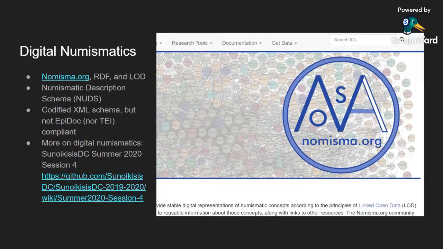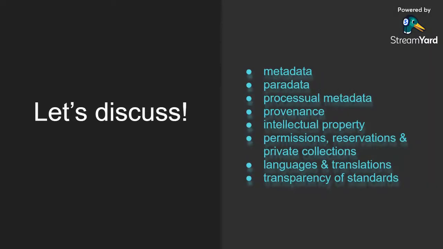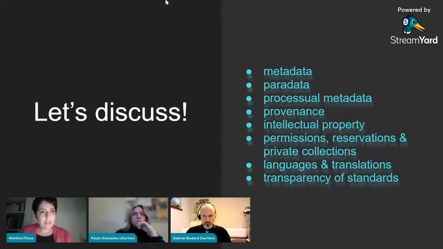There's also the Numismatic Description Schema, which is actually a codified XML schema, but it is not EpiDoc nor TEI. So there is no compatibility between the nomisma schema and EpiDoc. However, I will not linger too much on it, because during Sunoikisis in 2020 there was a whole session on digital numismatics, and I urge you to go and check it out. I would be done so that perhaps we can discuss a bit.